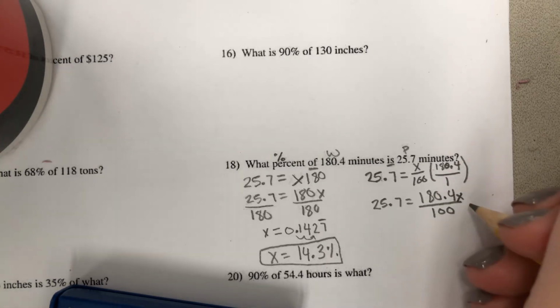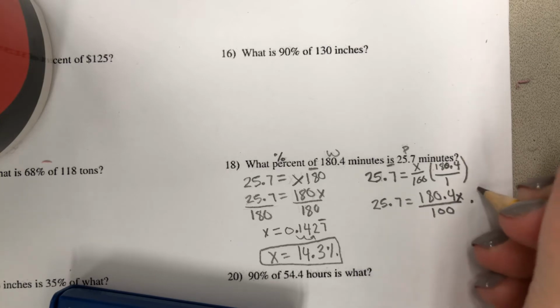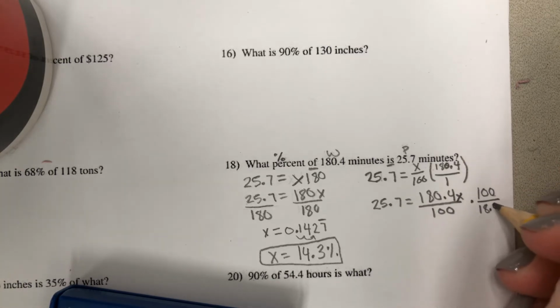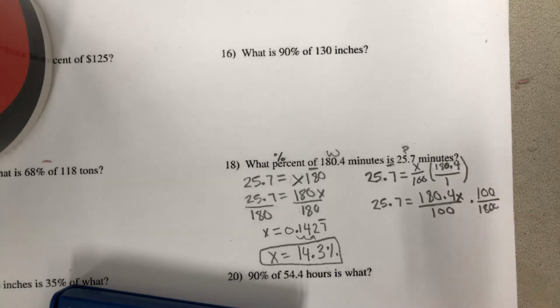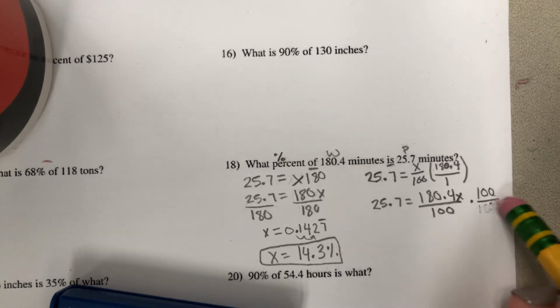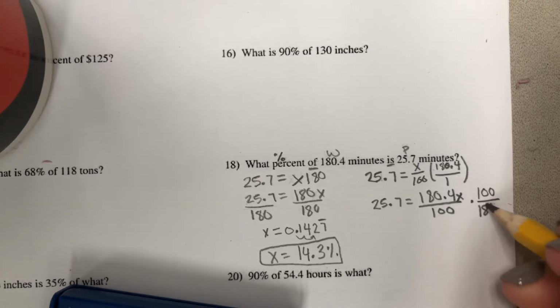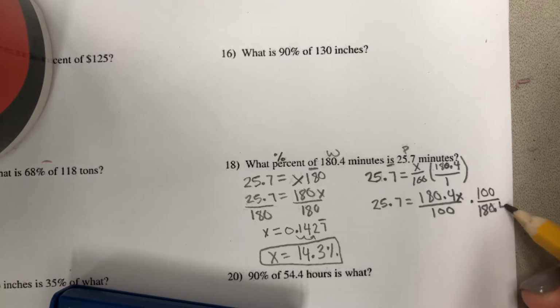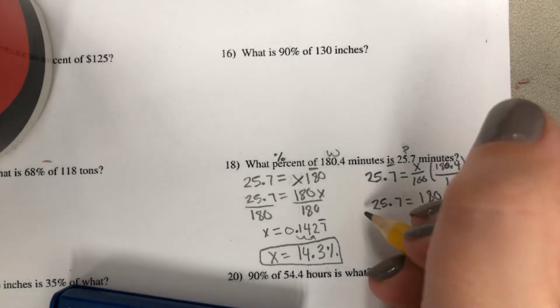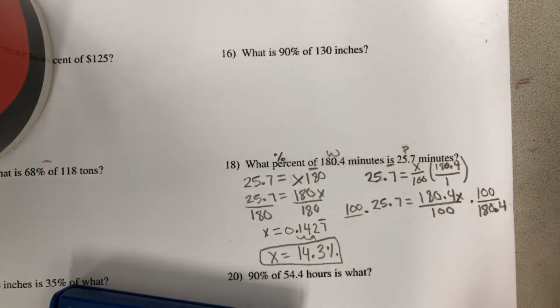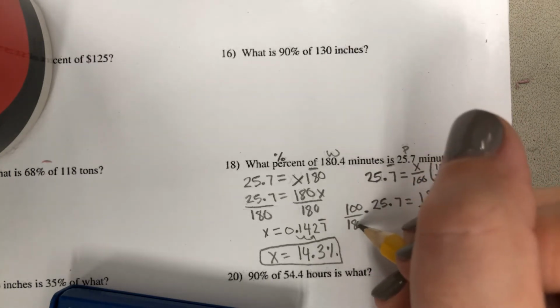Then we multiply by our reciprocal to get x by itself. 180.4 times 100 over 180.4.